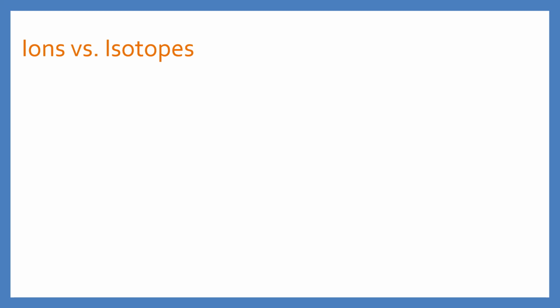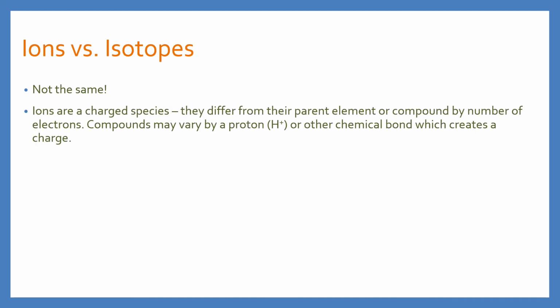So the last topic in this video, I know this was a long one, is ions versus isotopes. This is a pretty simple topic. Ions and isotopes often get confused, but they are not the same. Ions are charged species. They are different from their parent element or compound by a number of electrons, so they've either been oxidized or reduced.